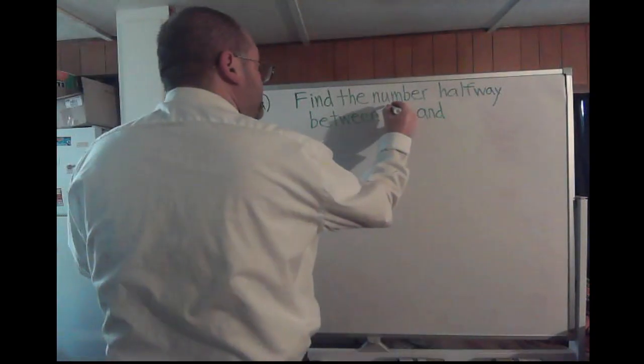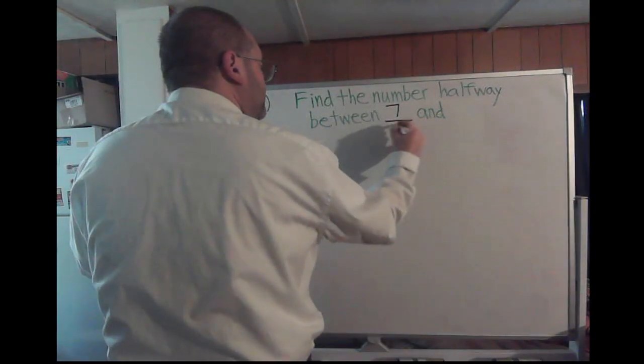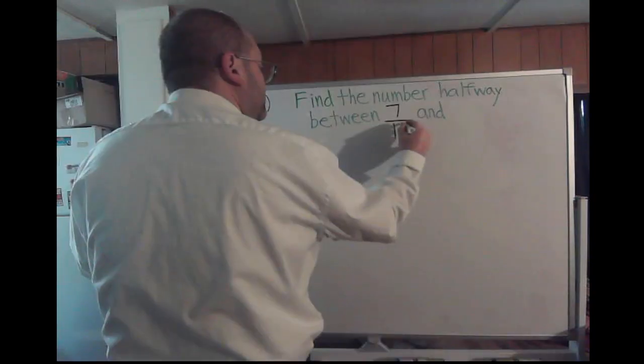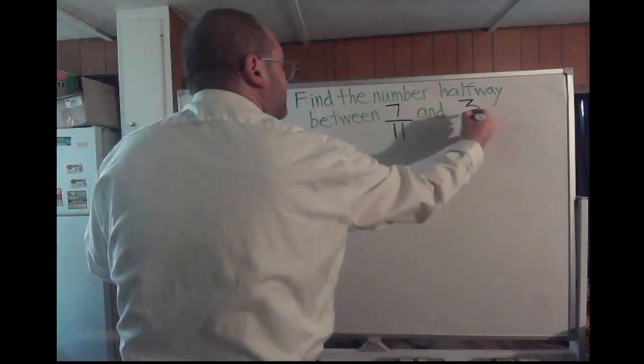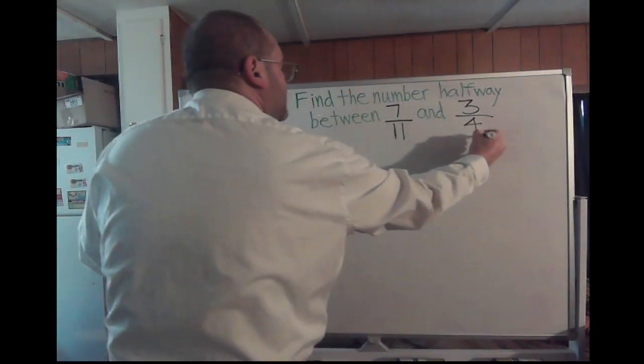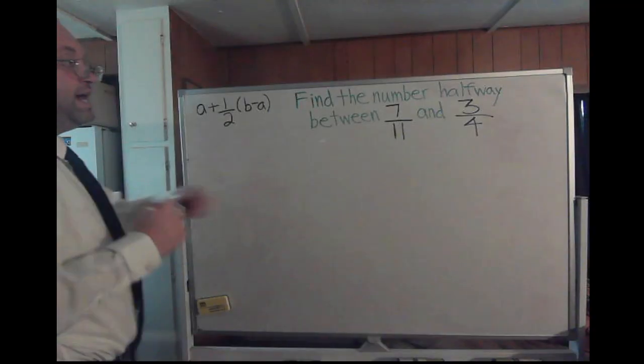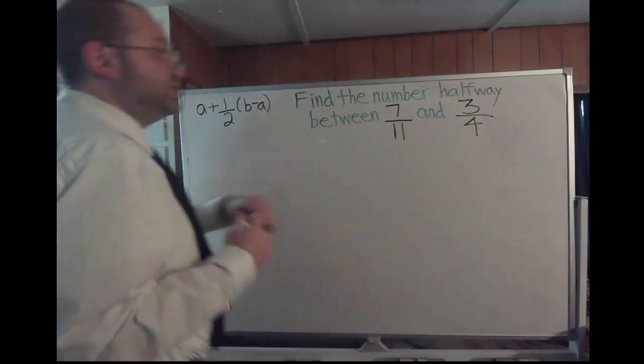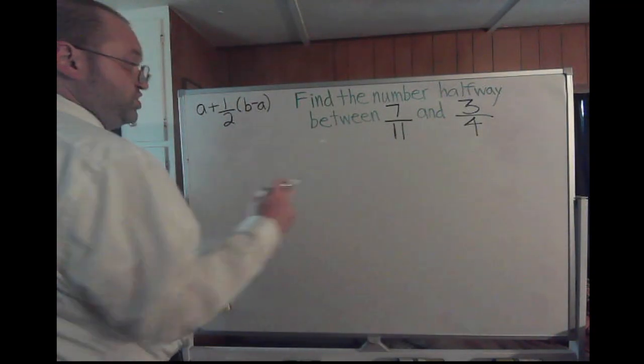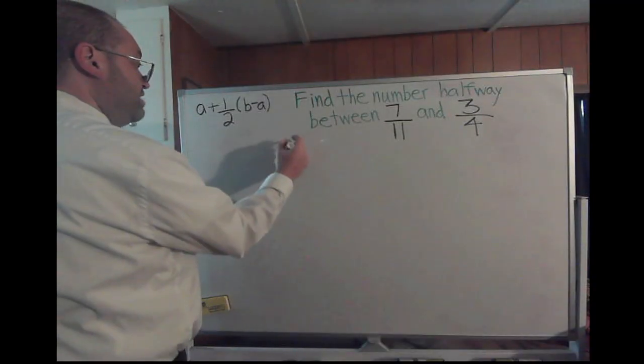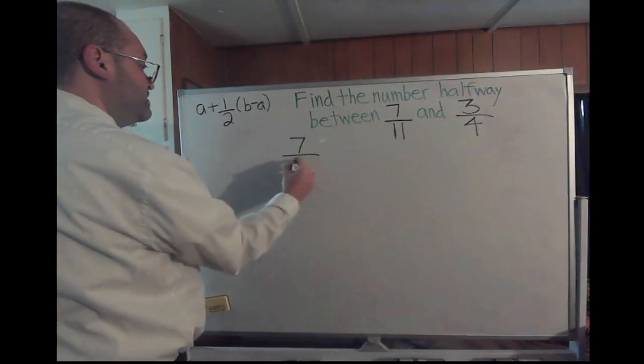What if this time they wanted you to find the number halfway between 7/11 and 3/4? So now you're being asked to find the number halfway between 7/11 and 3/4. So what you're going to do is take your first number, that'll be your 7/11.